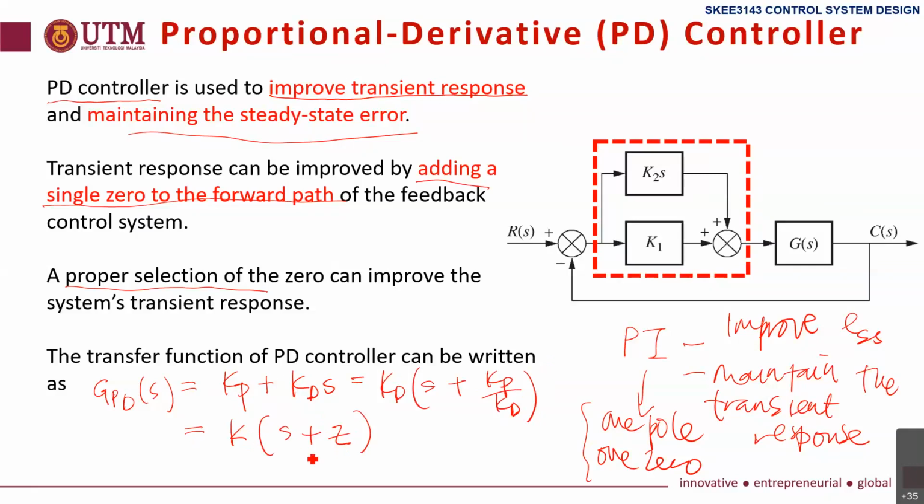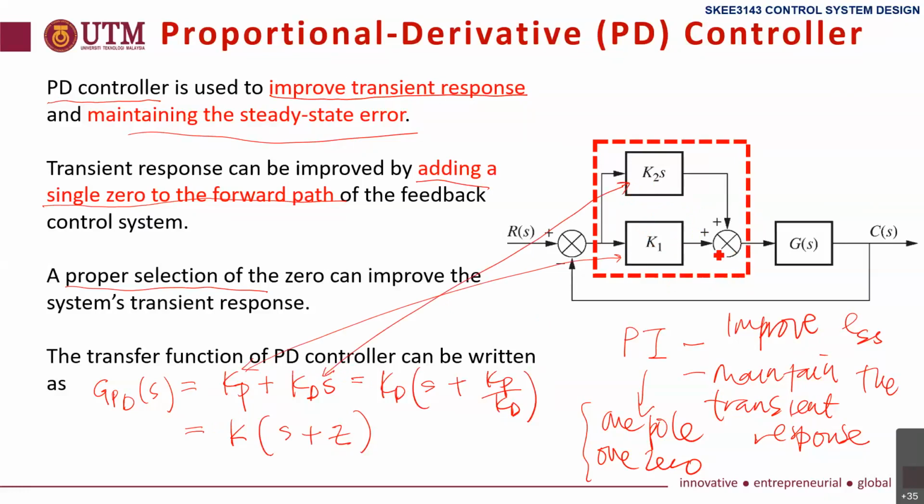So this is PD. The implementation is here. Okay, you can see that it can be written in two different blocks, two separate blocks. First one KP. K1 here is similar to KP, KD is K2 S. Okay, just we put K1, K2.